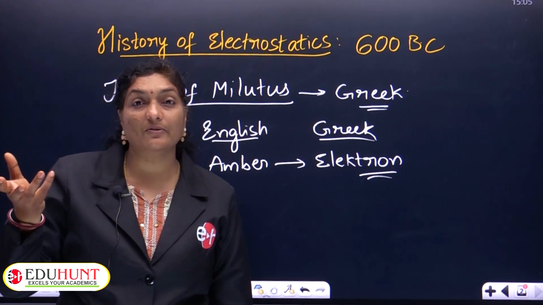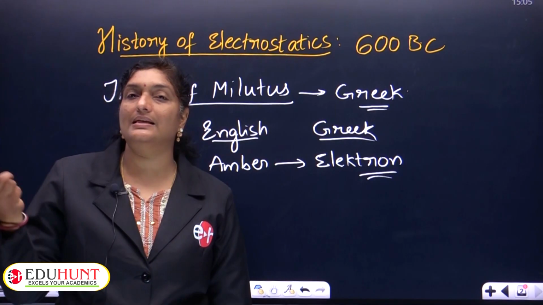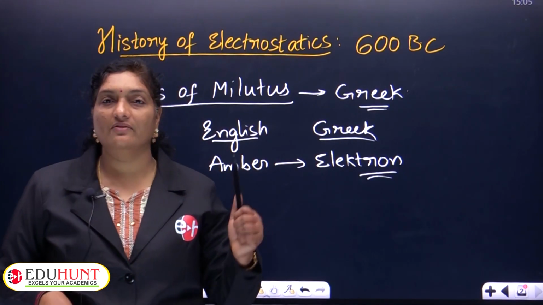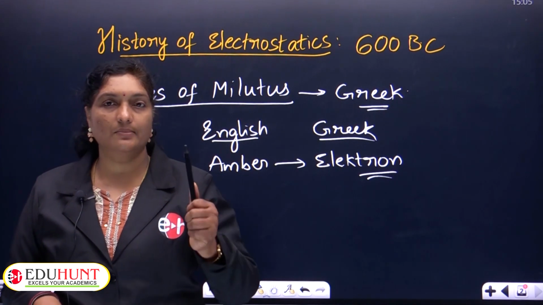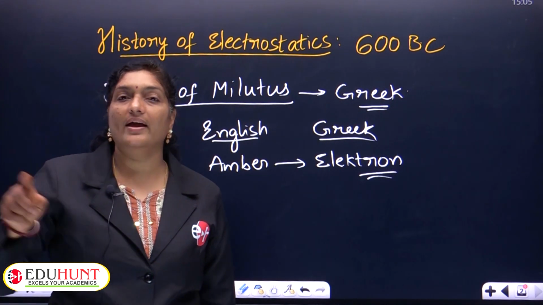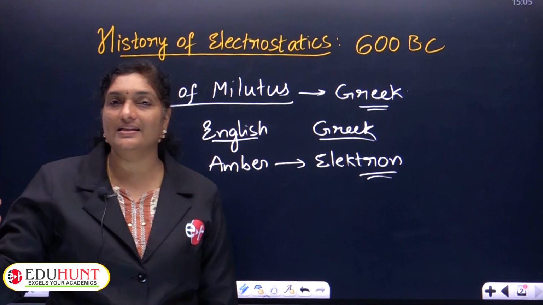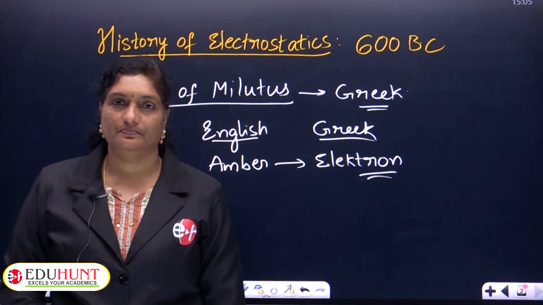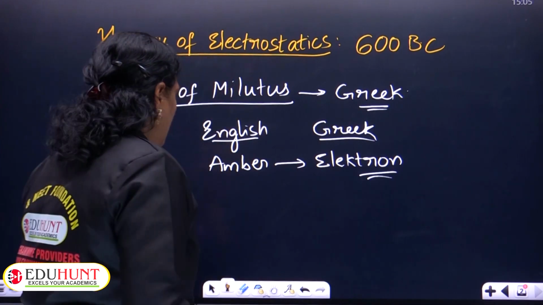What type of charge? More electrons means it is negatively charged. So clearly, an object which loses electrons becomes positively charged, whereas the other object which gains electrons becomes negatively charged. Got it, children?